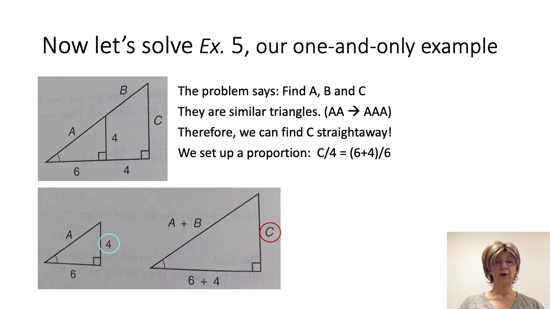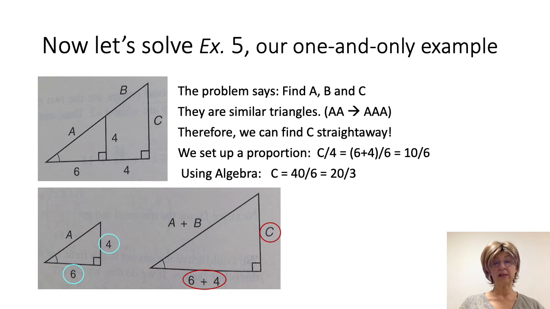C is to 4 as 6 plus 4 is to 6, which equals 10 is to 6. Using algebra, C equals 40 divided by 6, or 20 divided by 3. So we're 1/3 of the way finished. C equals 20 divided by 3.